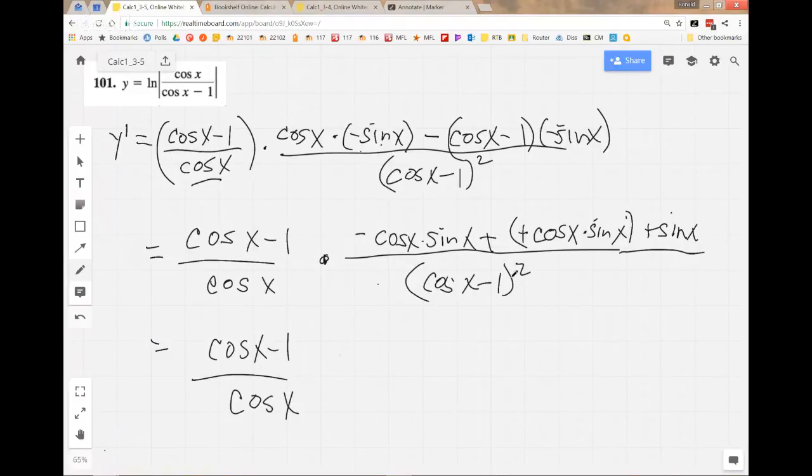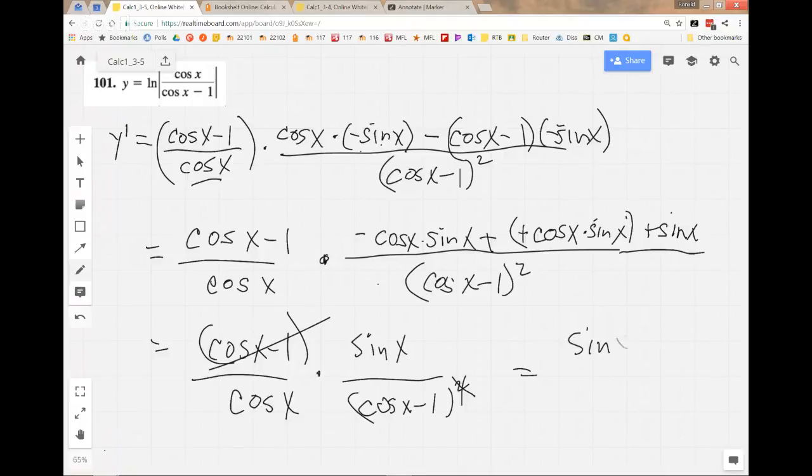And then this becomes times sine x over cosine x minus 1 squared. And one of these, that one right there, cancels with that one. And you've got left sine x over cosine x and cosine x minus 1.